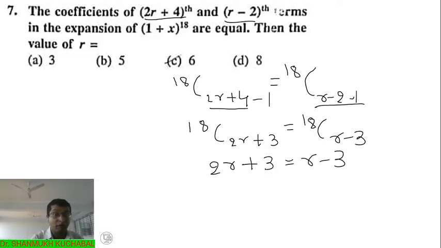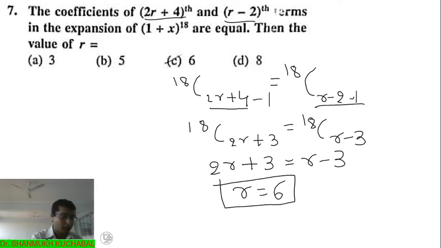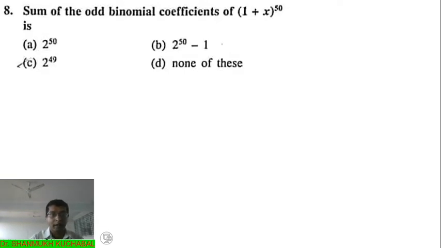This is one of the properties of combination. You have studied it in first year. So if you simplify and solve for r, we get r equal to 6 here. So r equal to 6 is the answer. Therefore option C is the right answer. We'll move to our next example.